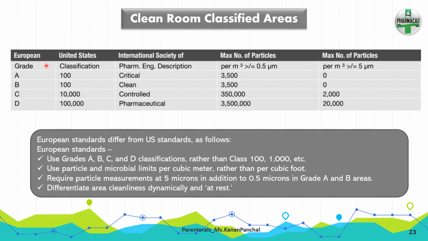The European system uses the alphabet grade system, whereas the US uses the number class. Also, as I said, the limits are measured for 5 microns and for 0.5 microns. And the European system measures it per cubic meter, whereas the US measures it per cubic foot.